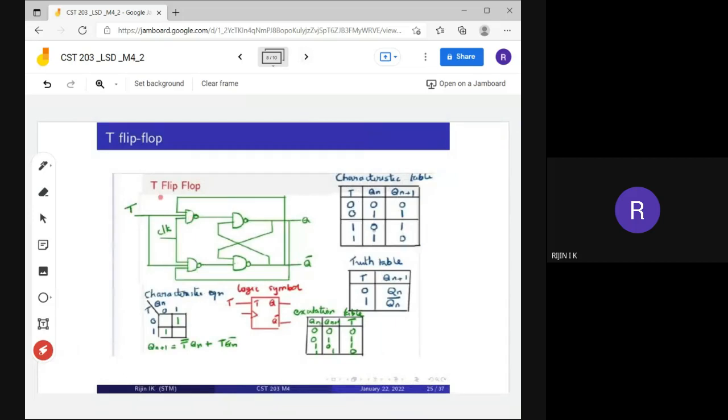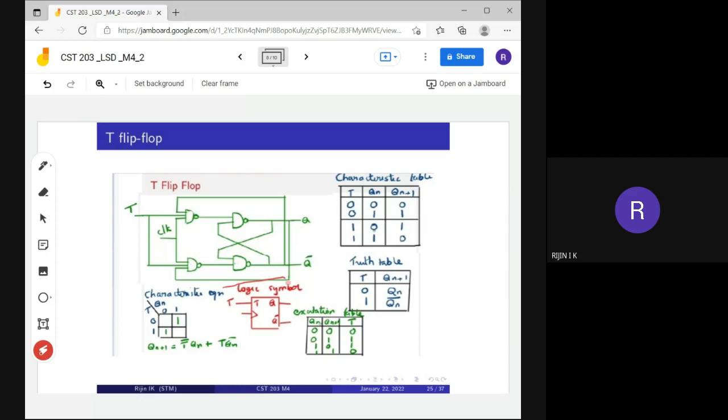So this is our T flip-flop, and this is a logic symbol. Here there is only one input, T. That is the only input in this T flip-flop. The outputs are Q and Q bar, and here we are giving the clock pulse.